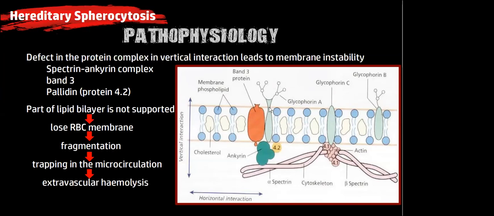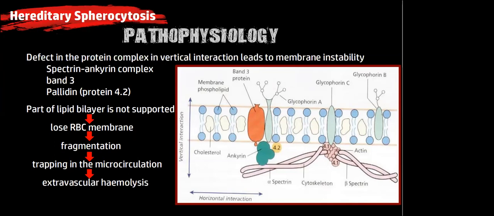Okay, so when any one of them is defective, part of the lipid bilayer is not supported, so there is destabilization of the lipid bilayer. When the red blood cell circulates, it can lose part of the membrane and become a spherocyte instead of a normal biconcave red blood cell.